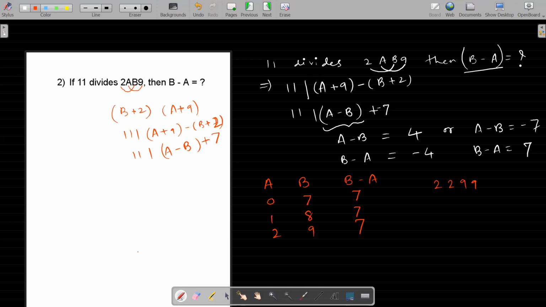Which means A minus B should be minus 7, or B minus A should be 7, so that the difference is 0 and every number divides 0. Okay, sir, I understood. So we have found various cases of A and B where the difference is 7, and that gives us 3 answers.